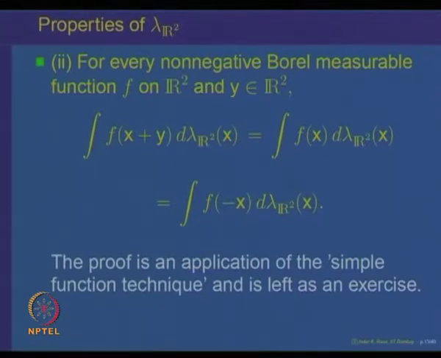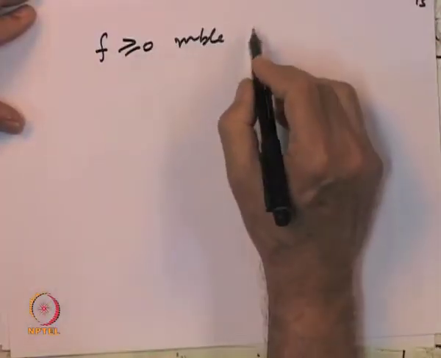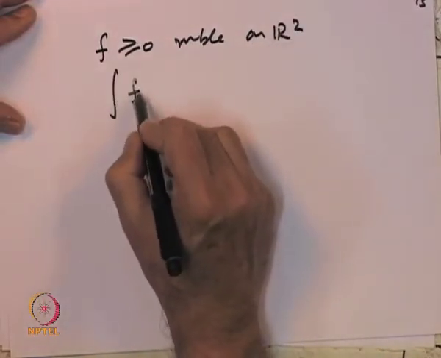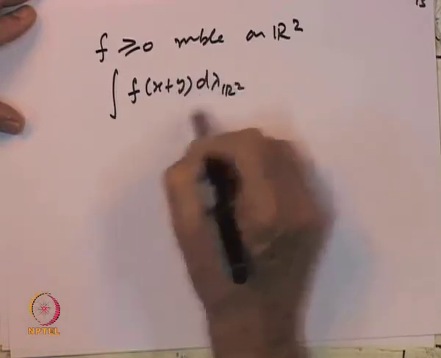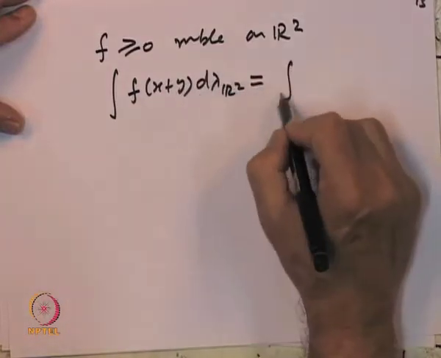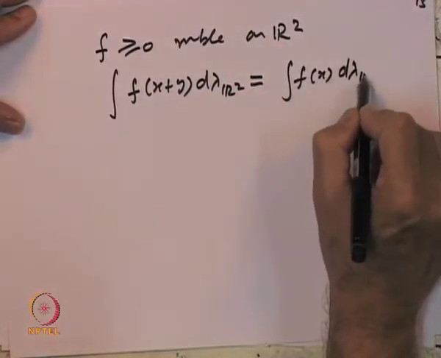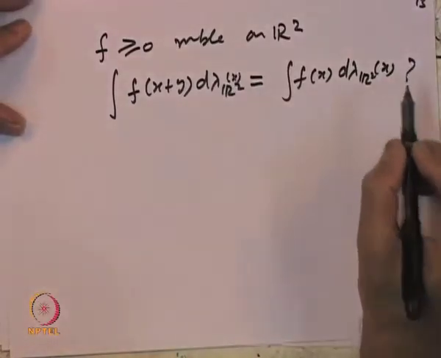Let us prove that if f is a non-negative measurable function on R 2, then the integral of f of x plus y d lambda R 2, over R 2, is equal to the integral of f of x d lambda R 2 of x. This is what we want to prove.